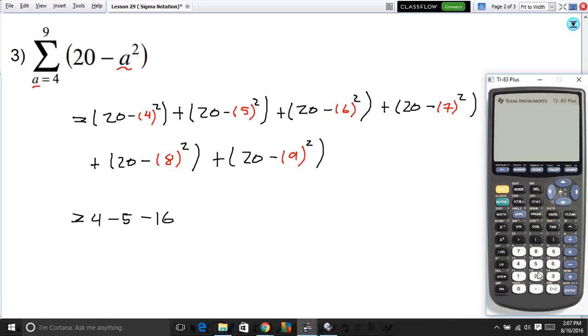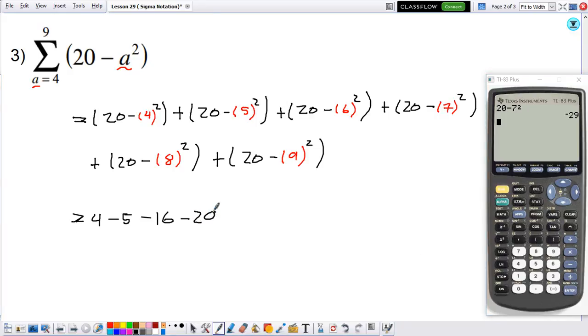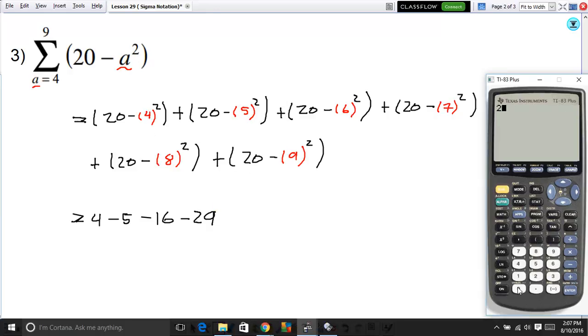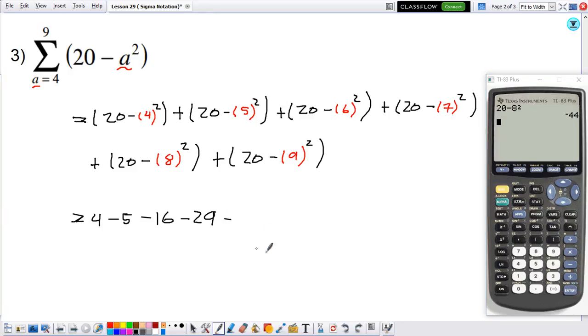Move on to the next one, which is when we have 7. So 20 minus 7 to the second. So that's minus 29. Follow with 20 minus 8 to the second. So minus 44. And lastly, 20 minus 9 to the second.